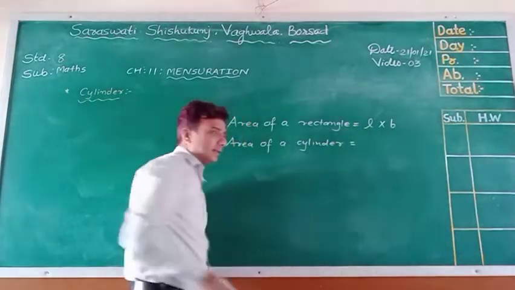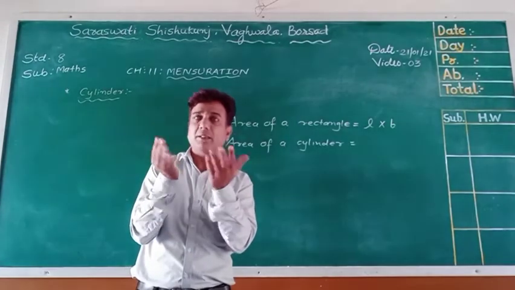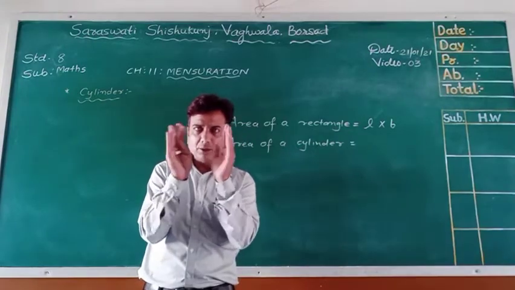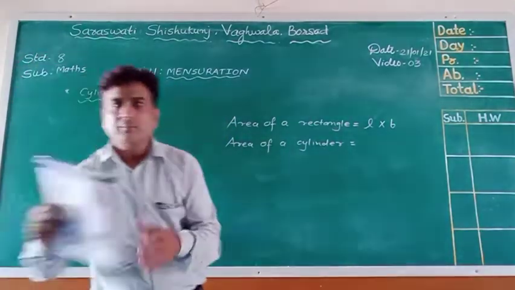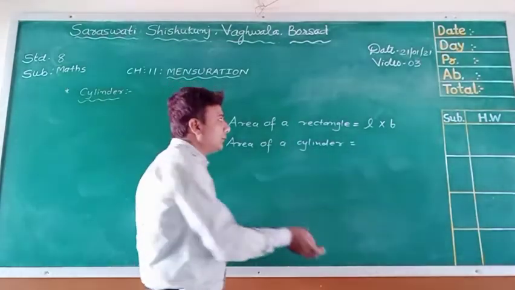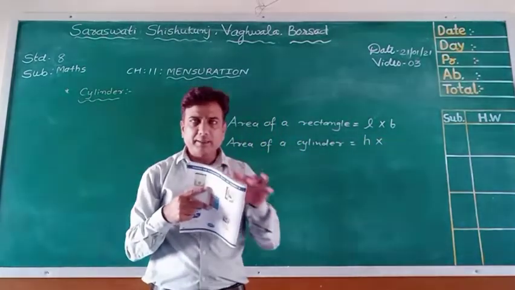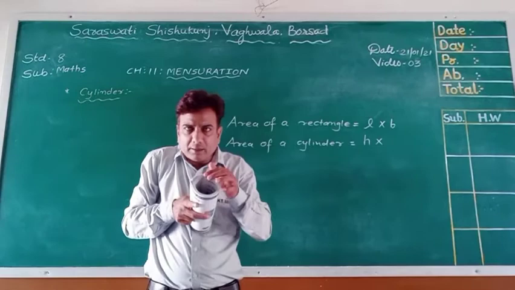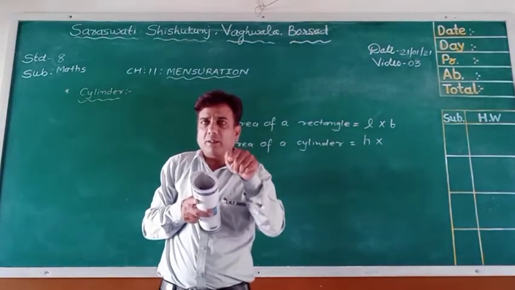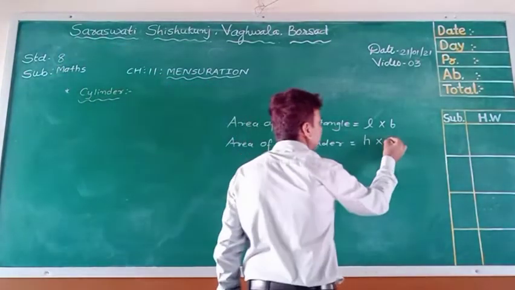Then the length becomes the height of the cylinder when we convert from rectangle to cylinder. Is it clear? So this length converts into the height of the cylinder, so in place of L, I can write here h. And this breadth converts into a circle. Circle means the border of this shape. So we can say the circumference of the circle, and the circumference of a circle formula we know is 2 pi r.